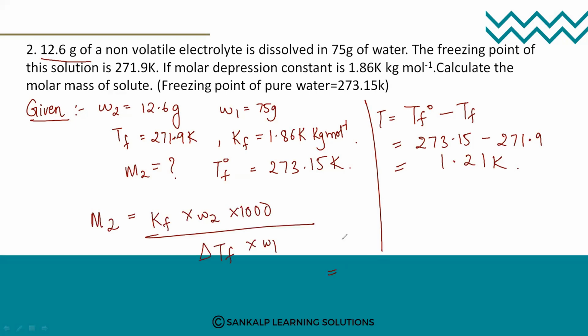So Kf is 1.86. W2 is 12.6 into 1000, divided by delta TF, which is 1.21, into W1, which is 75. Yes. Solve and see what is the answer. The answer should be in gram per mole.